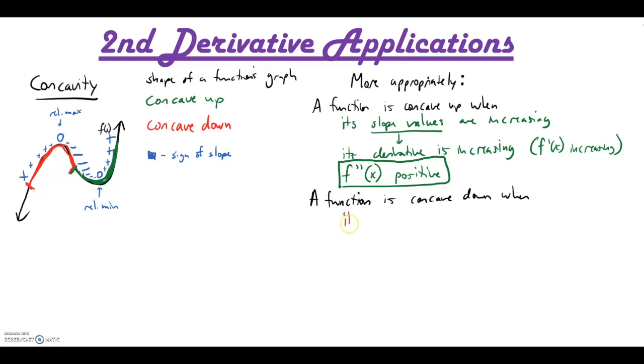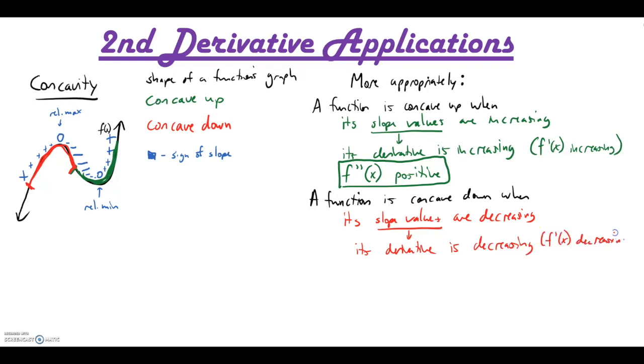Now, if we look on the red portion of the graph, the concave down portion, notice its slopes are decreasing, moving from positive to negative, which must mean that if we think of that in terms of derivative, the derivative of the function over that span must be decreasing. F prime must be decreasing, which again, going one more level down, must mean that the second derivative of this function has negative values. And so those are our calculus definitions for concave up and concave down.